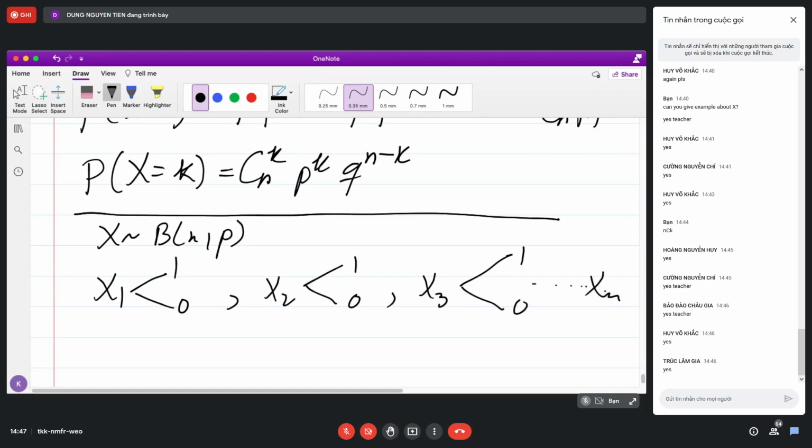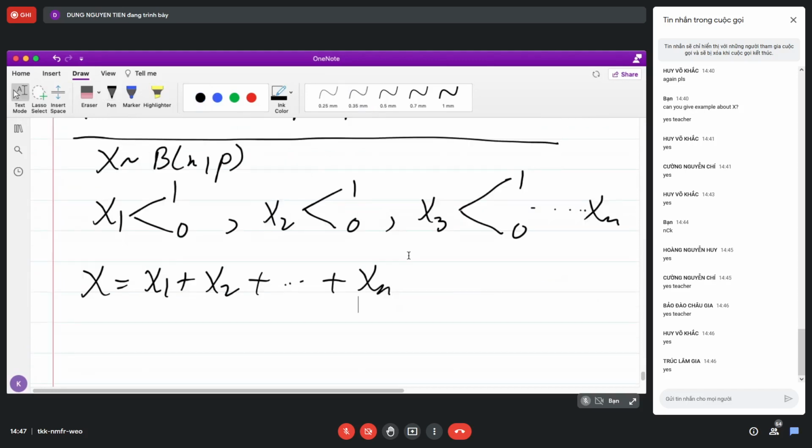Then it is obvious that x is x1 plus x2 plus up to xn. Do you understand?